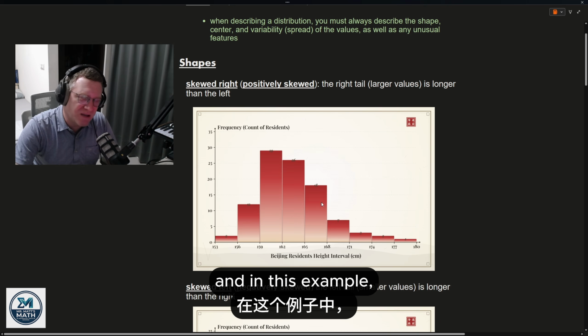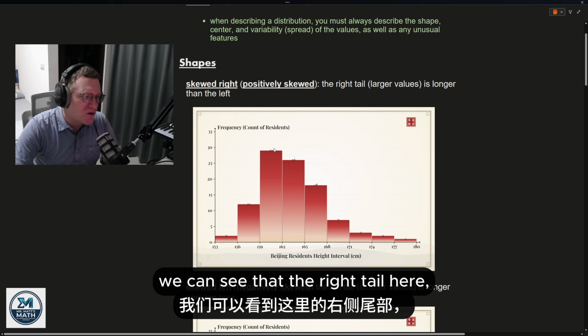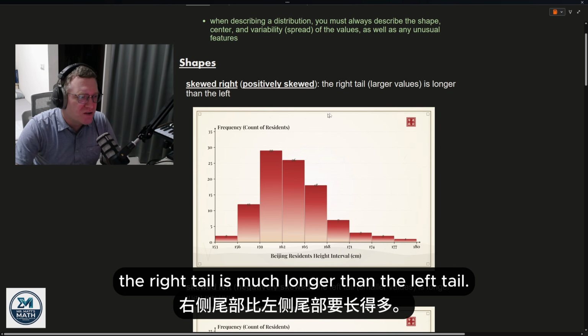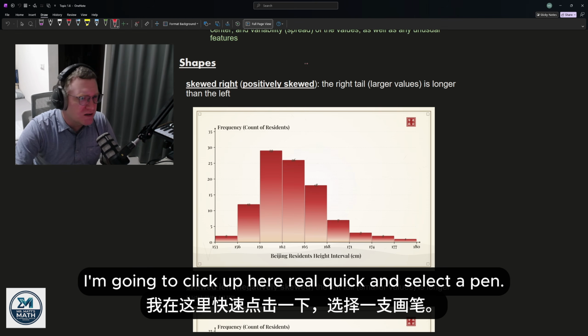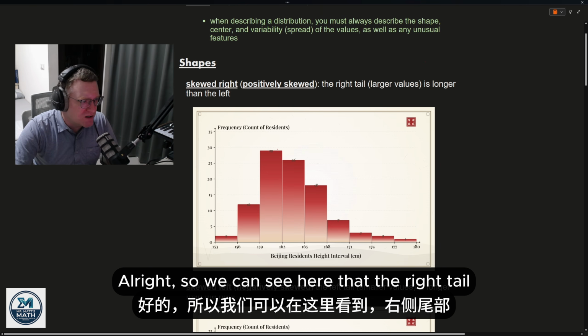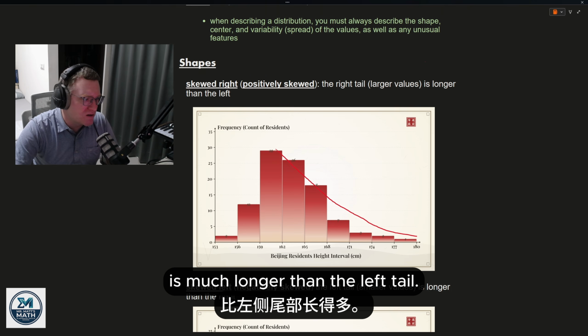In this example, we can see that the right tail is much longer than the left tail. I'm going to click up here real quick and select a pen. We can see here that the right tail is much longer than the left tail.